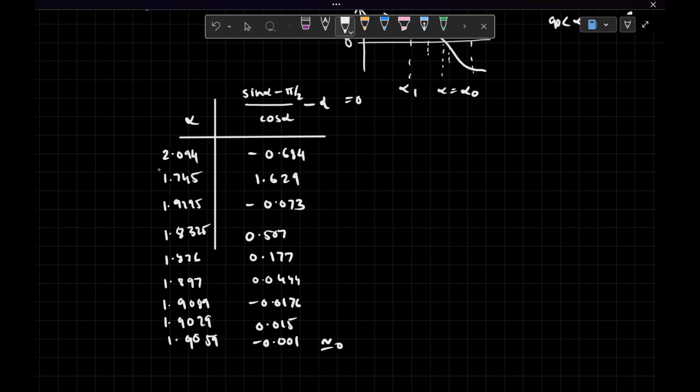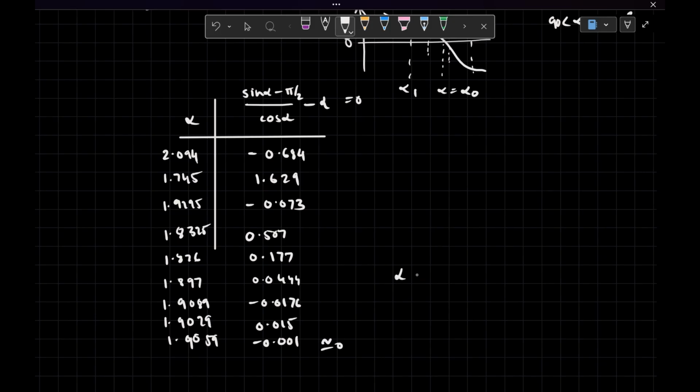It initially started with 2, then hopped to 1.75, and came to 1.9, 1.8, 1.87, 1.89, 1.90. You are getting an accuracy of 2 decimals here, and then 1.908, 1.903, 1.905. If you go on, you will get 3 decimal accuracy also. For now I'm stopping here.